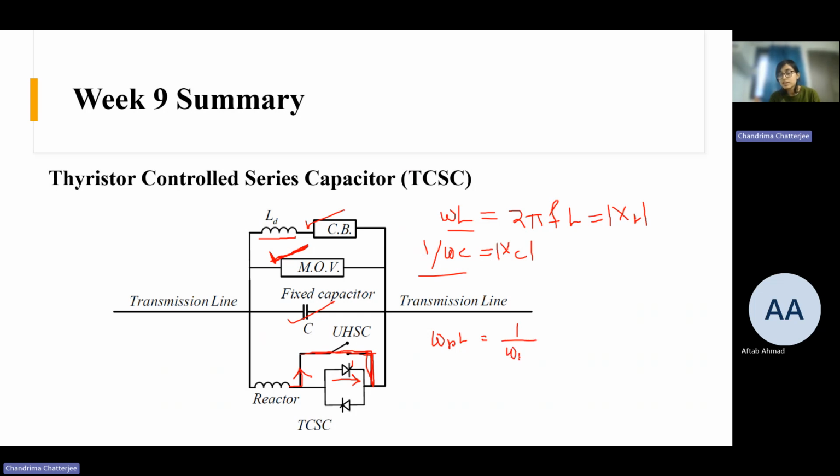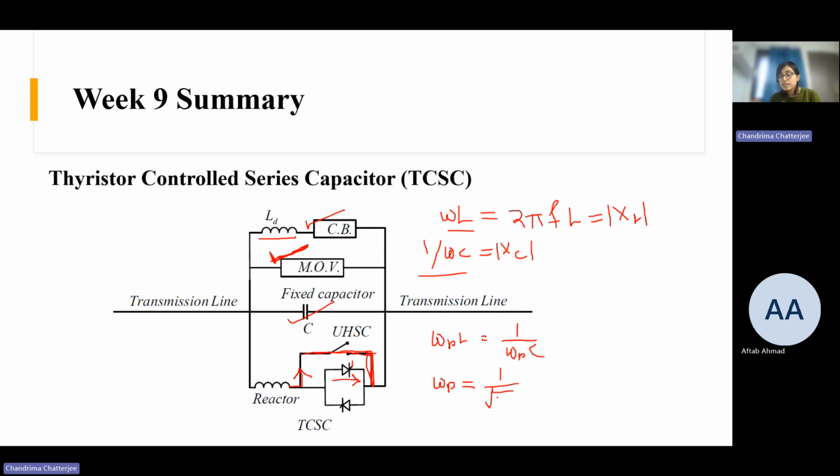That inductive reactance will be equal to capacitive reactance. So from this expression, we get omega R is equal to 1 by root LC.